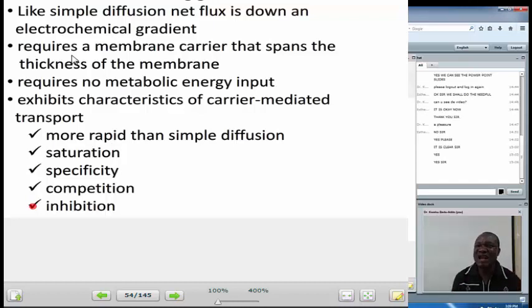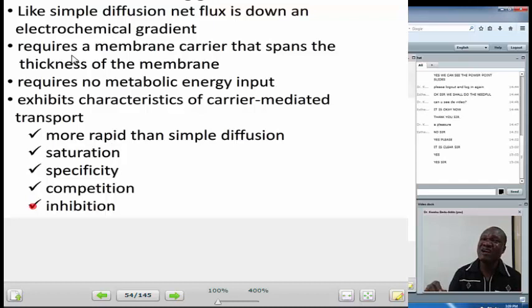Now, the carrier also exhibits competition. Now, if there is a particle which is similarly structured to the particle that the carrier transports across, they'll compete for the position on the carrier. Assuming we have D-glucose and L-glucose.